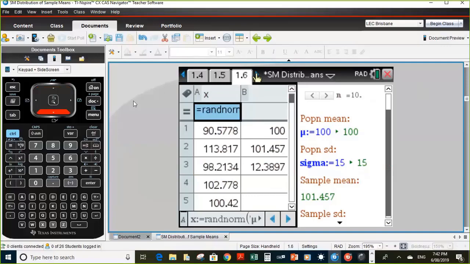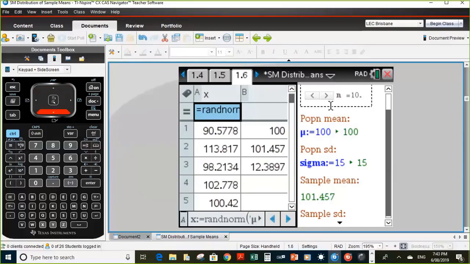Here we've got the formula cell, and this is where we're putting in the rand norm command, and the syntax here again is mu, sigma, n. But the nice thing about this page is that over here on the right hand side in the notes application, we've got a slider which is controlling the value of n.